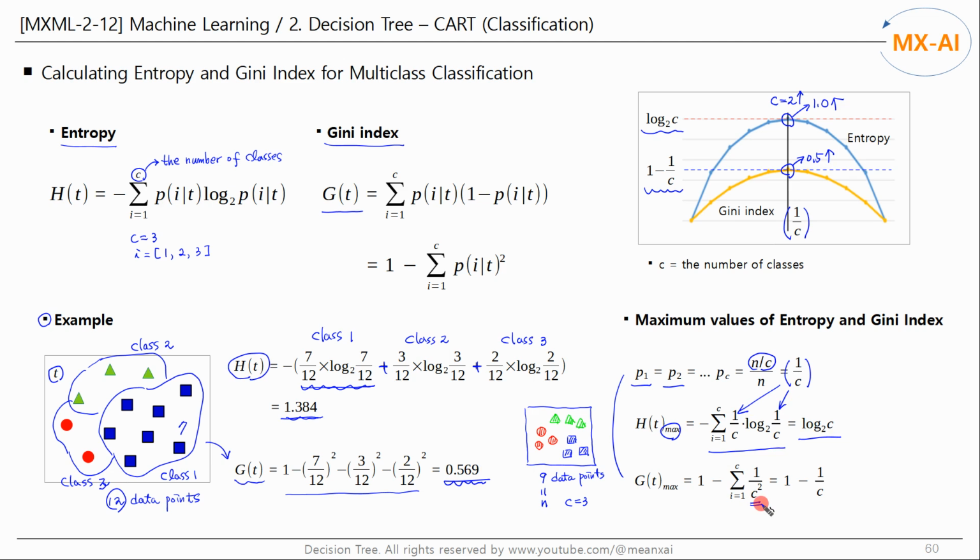Similarly, if we substitute this value into the Gini index formula, we obtain the maximum Gini index, which is 1 minus 1 divided by the number of classes. Using these measures, we can compute information gain just as we did in binary classification, allowing us to determine the optimal split and construct the decision tree.